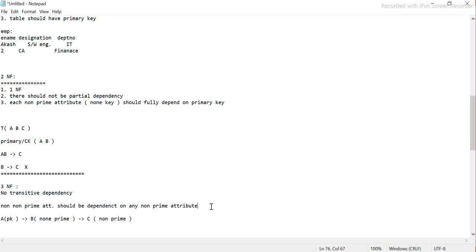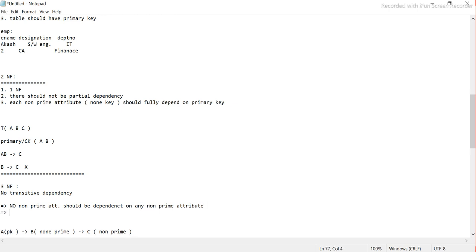So non-prime attributes should not be dependent on any non-prime attribute; this definition you can also take. No non-prime attribute should be dependent on any non-prime attribute, as we have seen, right?